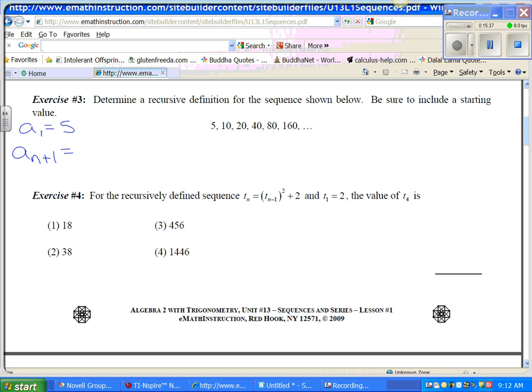So I know I'm starting at 5. How am I getting my next term? I need a formula that's going to give me the next term. Do I ever put 5 in a formula? Am I going to put 5 in the formula?